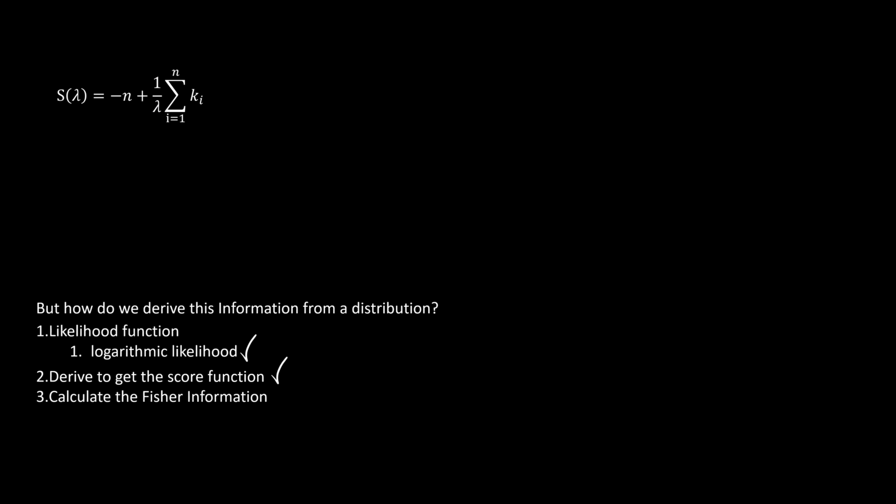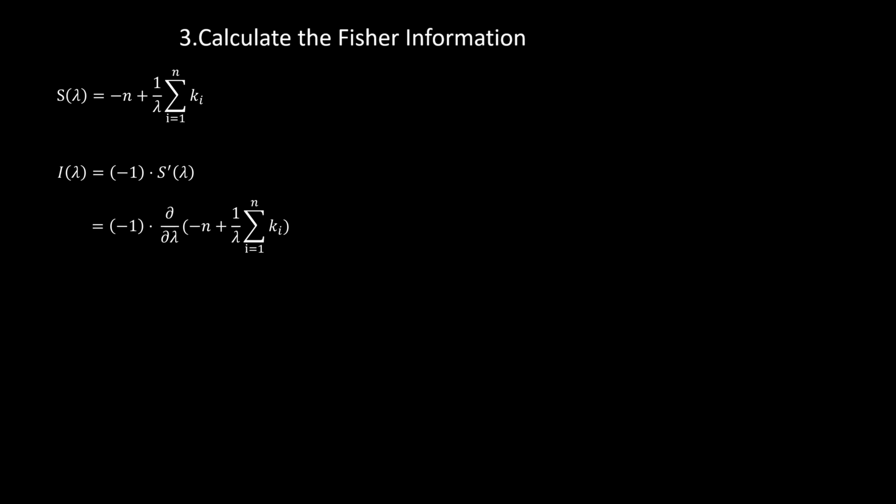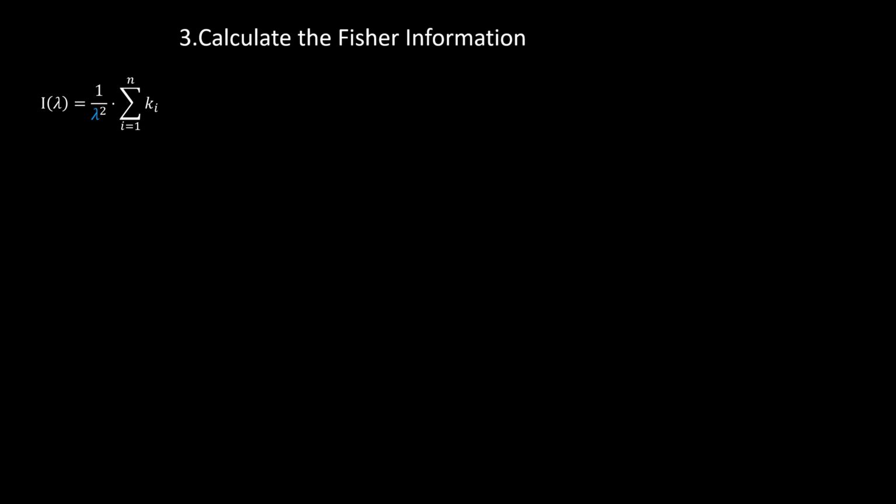Having that, we can go on to our third and final step towards the Fisher information, which is to compute the variance. We can achieve this by taking the derivative of the score function and multiplying it with negative 1. The original Fisher information equation is I of lambda equals 1 divided by lambda squared times the sum of x of i from 1 to n.